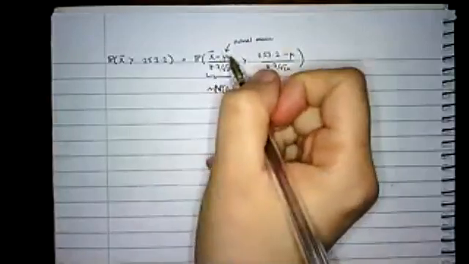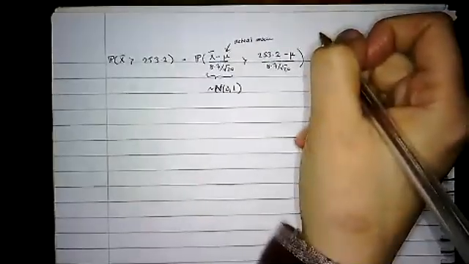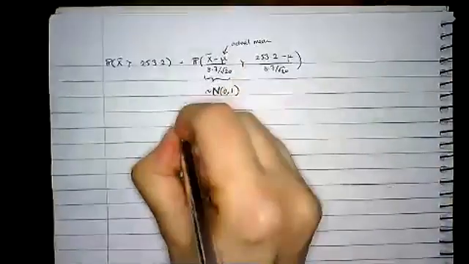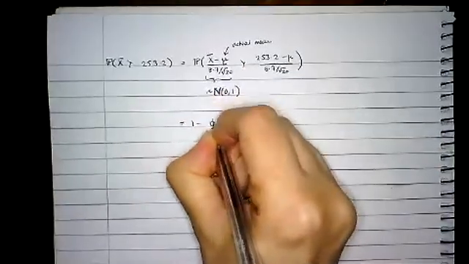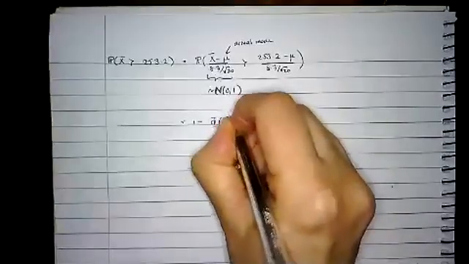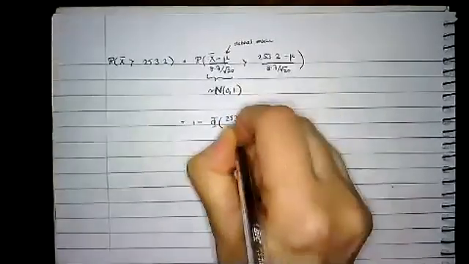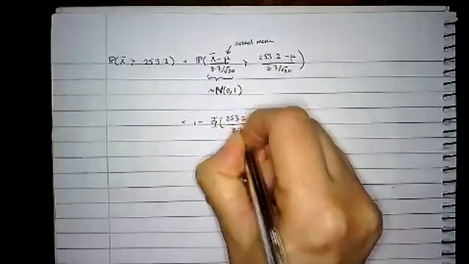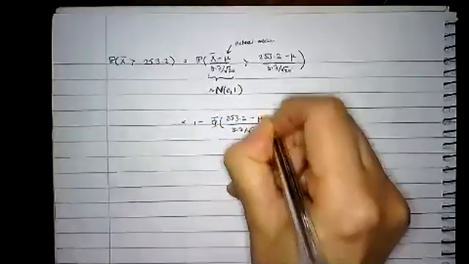It was still normally distributed before, but possibly with different parameters. But now that I've standardized it correctly with the actual mean, it's distributed normal 0, 1. And then I can evaluate this using the normal distribution table. So I'm going to end up with 1 minus the CDF of the normal distribution at this value here: 253.2 minus mu, divided by 8.7 divided by the square root of 20.